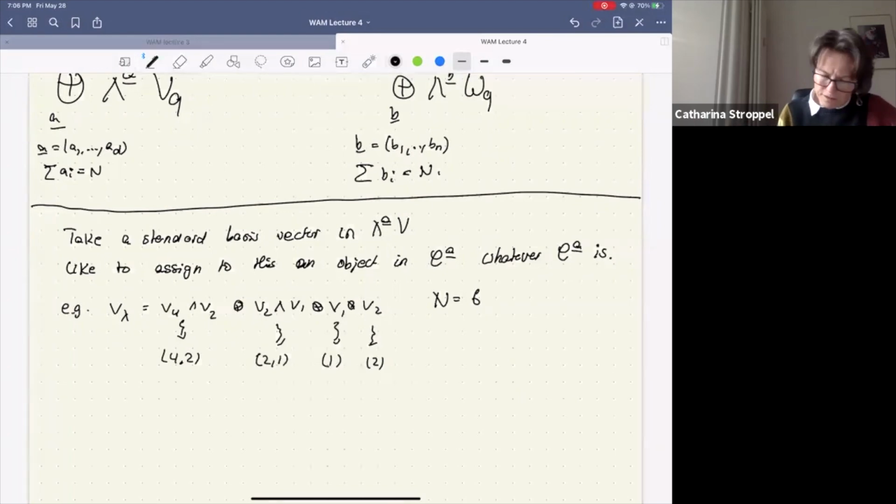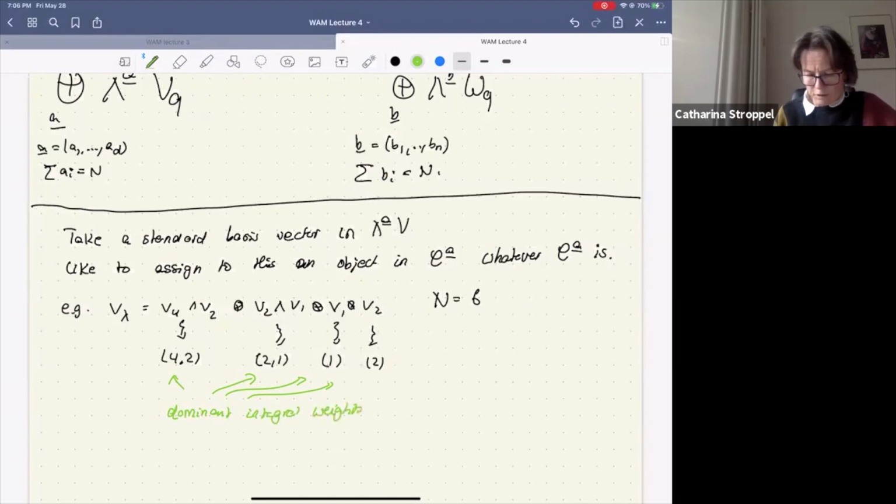So these guys are dominant integral weights for the Lie algebra GL, whatever you are. Dominant integral weights for, in this case, GL2, GL2, GL1, GL1.